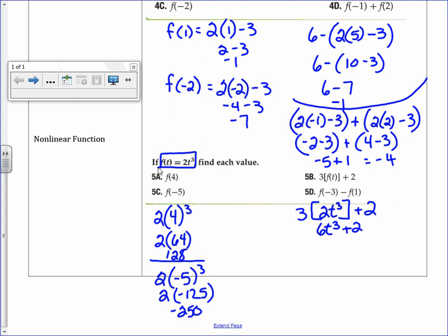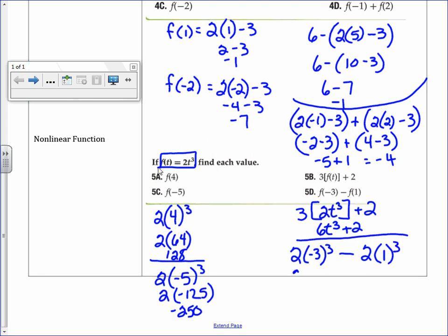And finally, I have f of -3, function of -3, minus the function of 1. So I'm going to say 2 times -3 to the third minus 2 times 1 to the third.